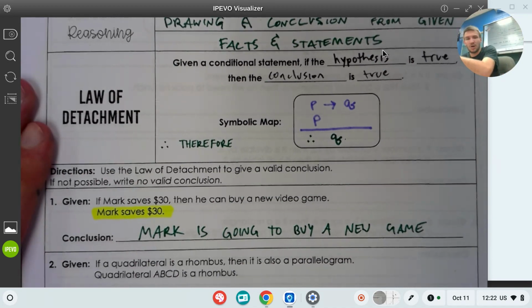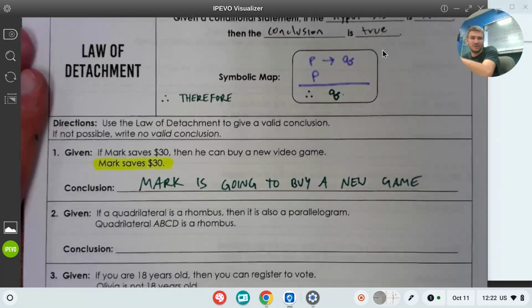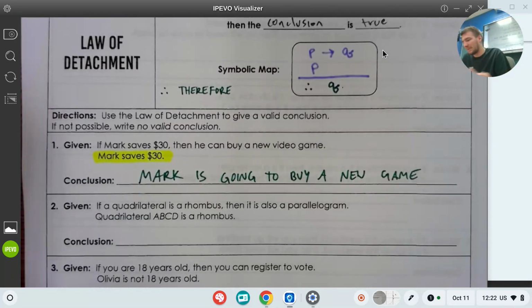Okay, and I don't want to stall on this too long. I know you have a little bit of writing to do, but we get a setup where we hear that one thing causes another, and if it's happened, then finish it off.